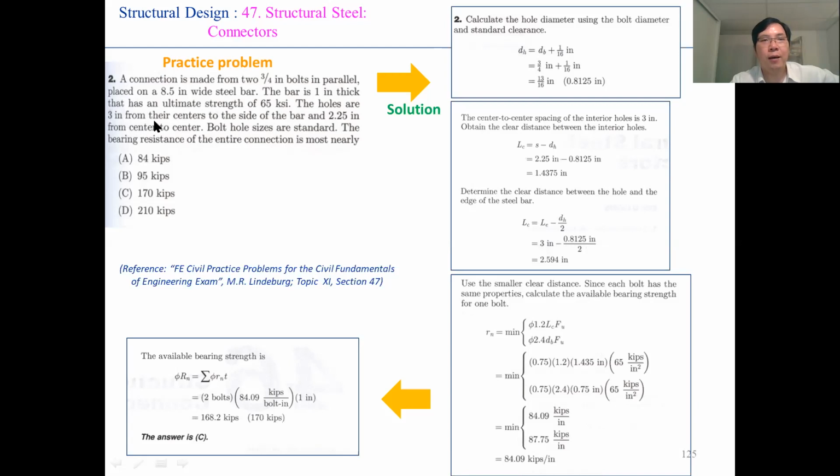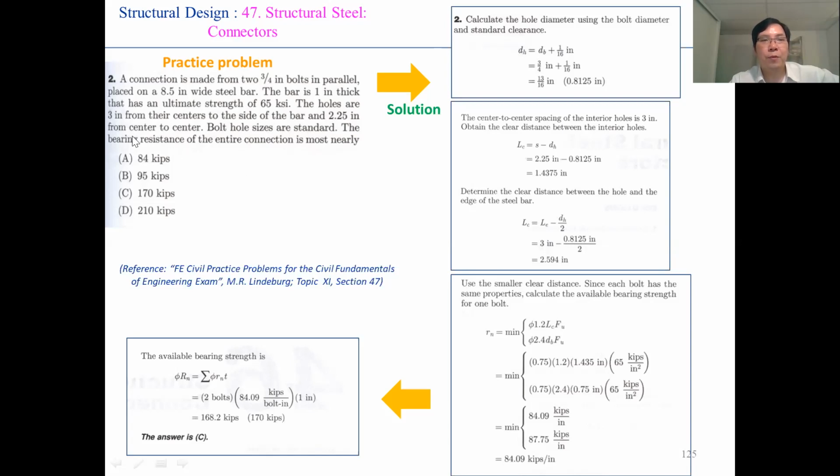The holes are 3 inch from the centers to the side of the bar and 2.25 inch from center to center. Both hole sizes are standard. So the question is, what is the bearing resistance of the entire connection?